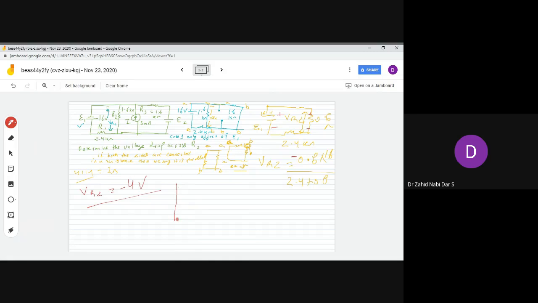Then you have this 2.4, and the VR2 that you have to calculate. This is 1.6, and you are left with your current source, that is your 5 milliamps. You have another resistance that you have to take into account, and short circuit the rest.